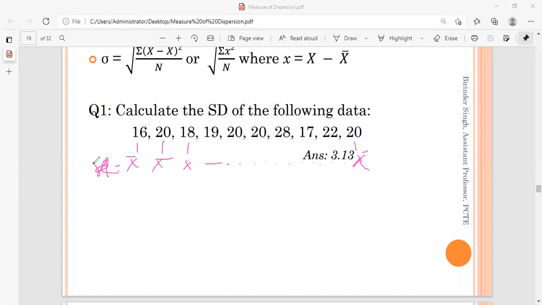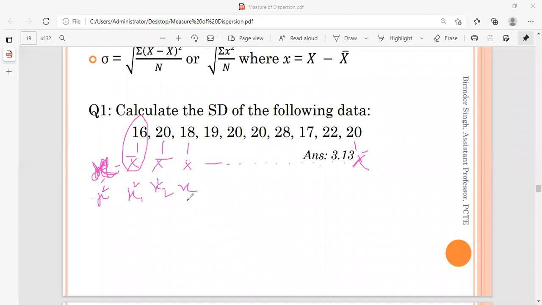In case of standard deviation, the deviation of the data points from the arithmetic mean is denoted by small x. And again, the formula is the square root of sigma x squared over n. So we have to compute the square of these deviations. Once you compute the differences, they are squared, giving x1 squared, x2 squared, x3 squared, and so on, finally x10 squared.